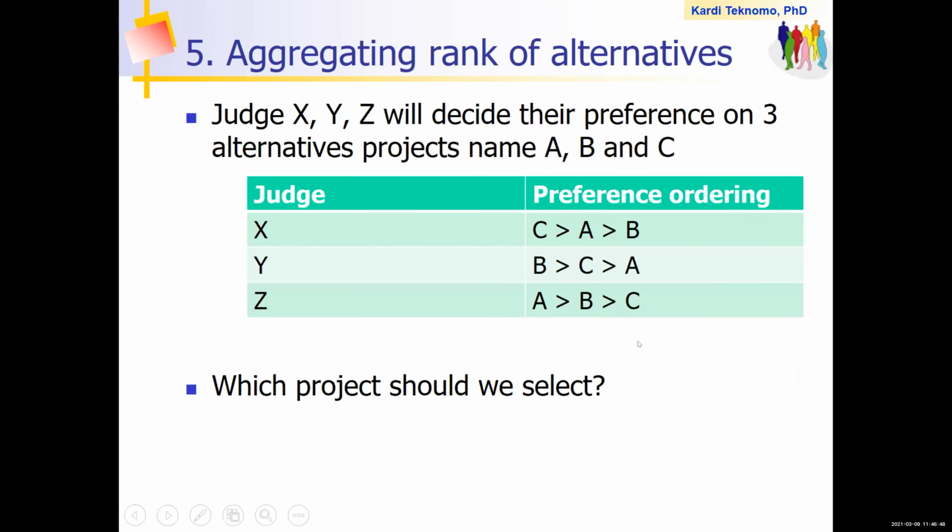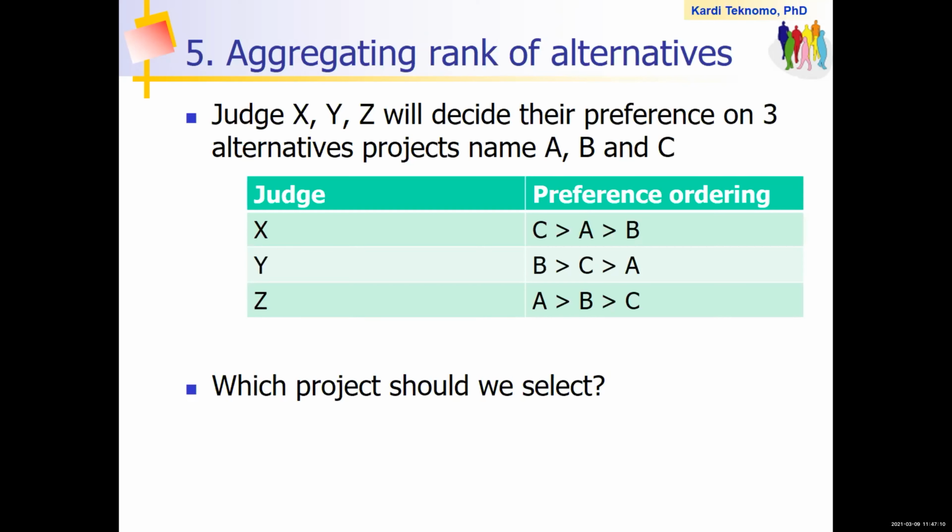Okay. Now, this is the core of group decision. It is based on ranking. Suppose you have judges X, Y, Z. They will decide their preference on 3 alternative projects.